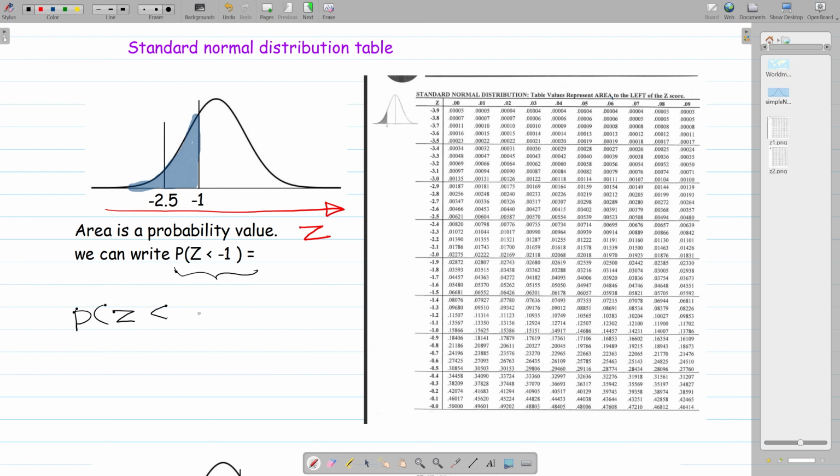That is the area. That -1 is -1.00, so it is this value.